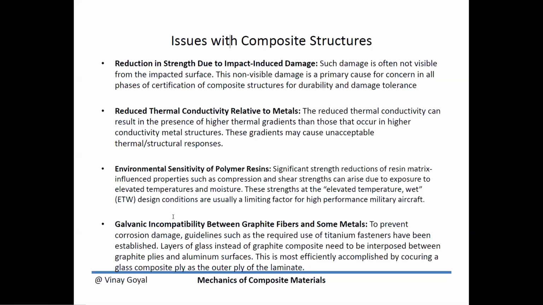This is most efficiently accomplished by procuring the glass composite ply as the outer ply of the laminate. So I want you to pay attention, because galvanic corrosion can be a significant issue that, if we don't pay attention to it, can be of significant concern.